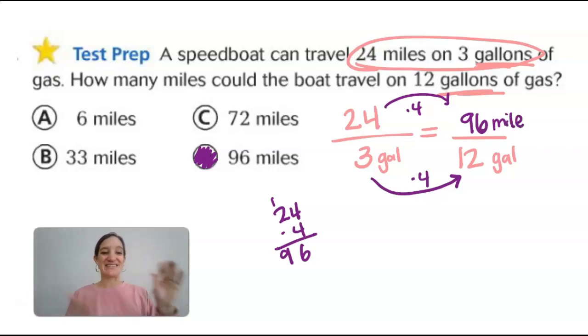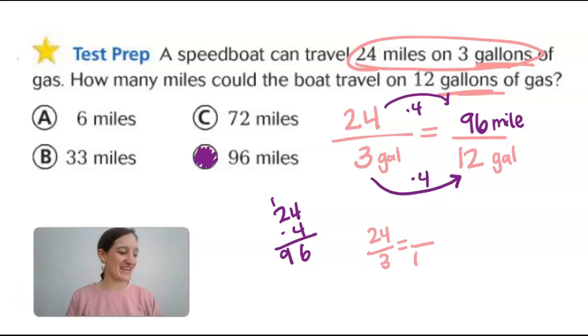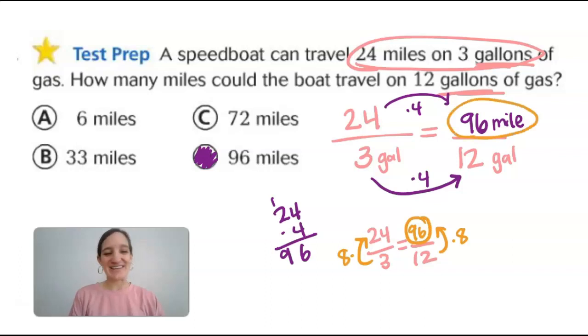Okay. Did any of you try it the up and down way, where you can find a relationship up and down instead of side to side? Because there is a relationship there as well. It's times by 8. We're getting 8 times bigger from bottom to top. So that means this top is also going to be 8 times bigger than the bottom. 12 times 8 is 96. So we still got 96. Either way, it would have worked.